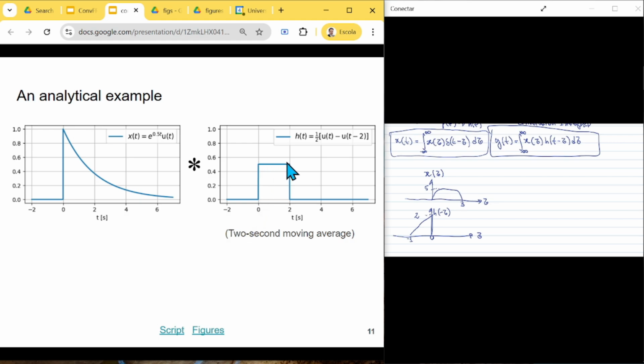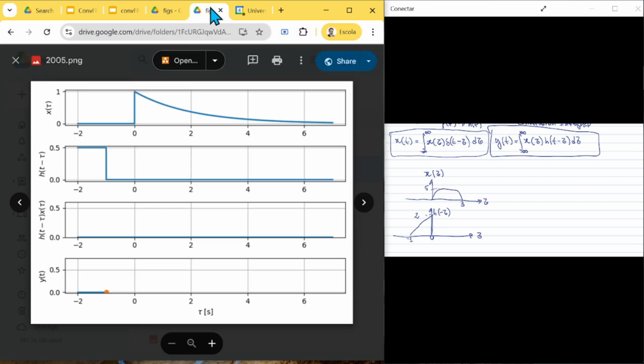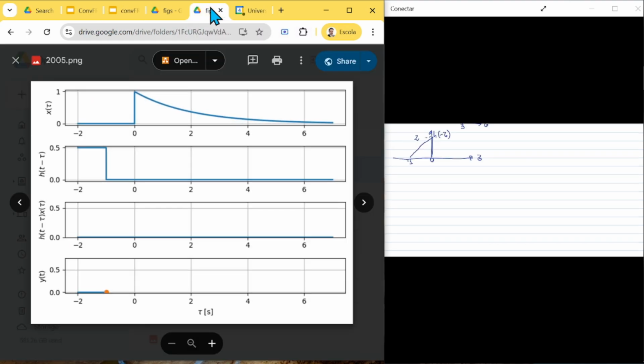So the impulse response has a duration of 2 seconds and has an amplitude of half, which is 1 over the duration, right? So it's the 2-second moving average. Let's see what we have here, and let's draw our y of t.